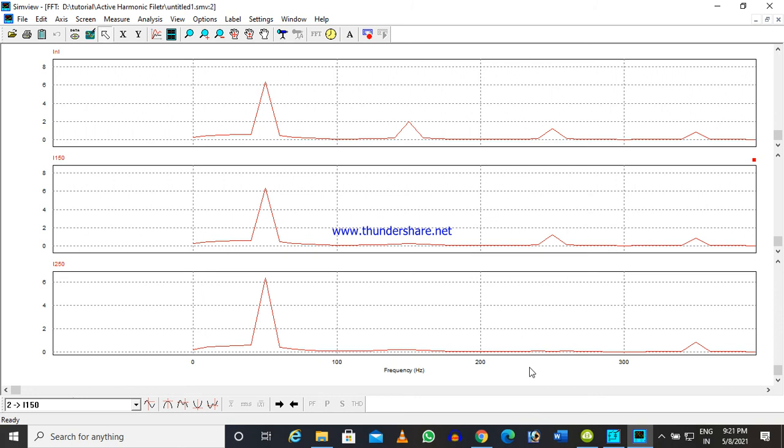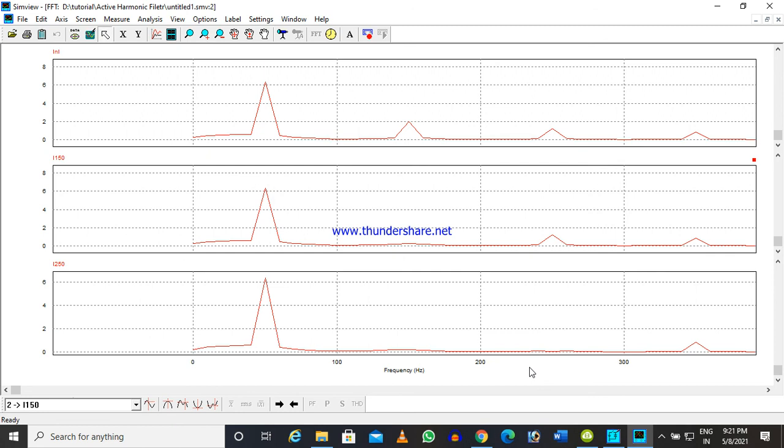It's a combination of L and C. Another thing is, you continuously monitor what other amplitudes exist in the waveform other than the fundamental, and you inject just the opposite of that waveform into the input waveform.